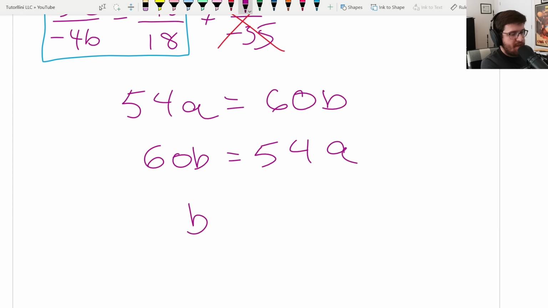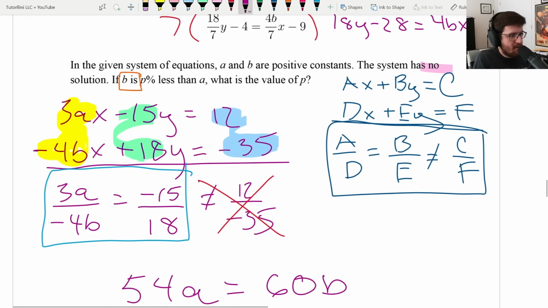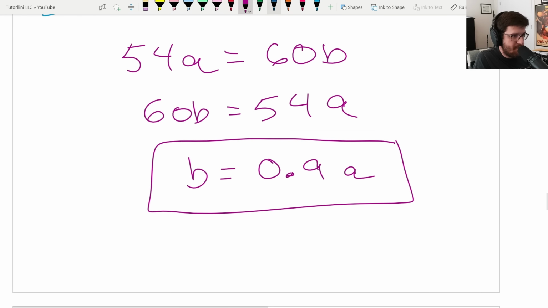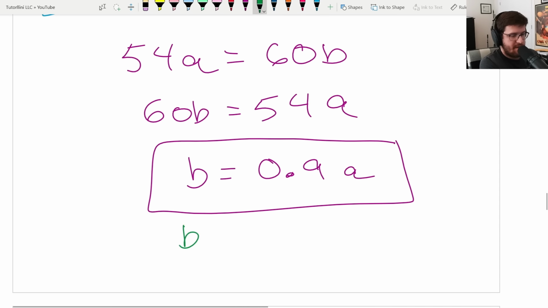And I get b equals 54 over 60, which is 0.9. And all of a sudden, if I copy down this sentence next to it, b is p% less. I go over this in my Ottocento on percents and my percent shorts.